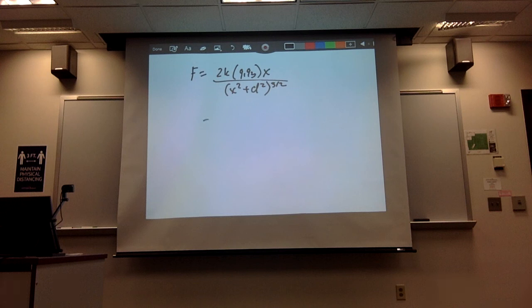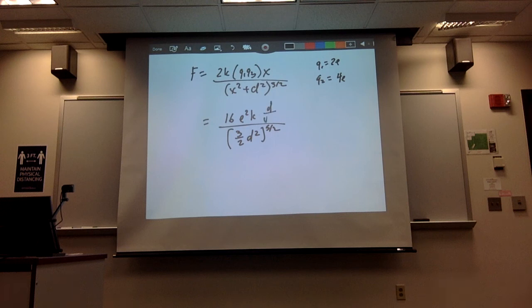But also remember that Q1 is equal to twice of B, so you have just 4 times E. So this is going to be 16 E squared times K times X divided by 3 halves D squared to the 3 halves.